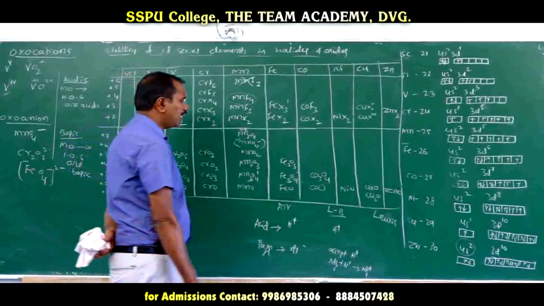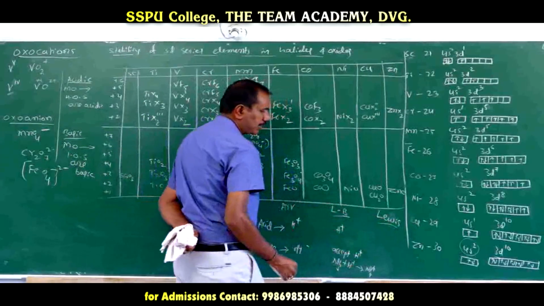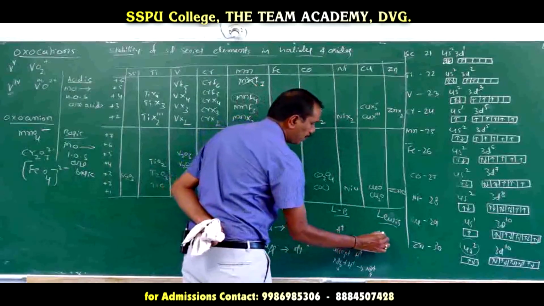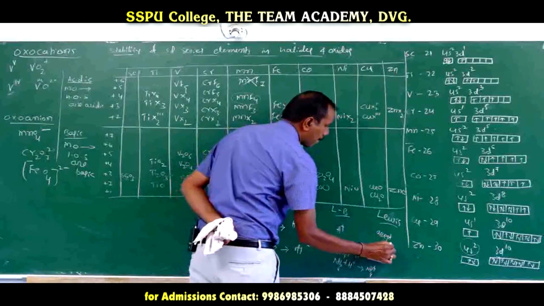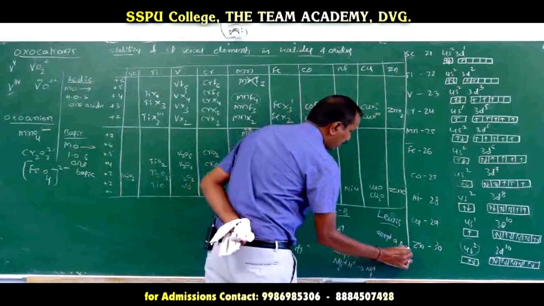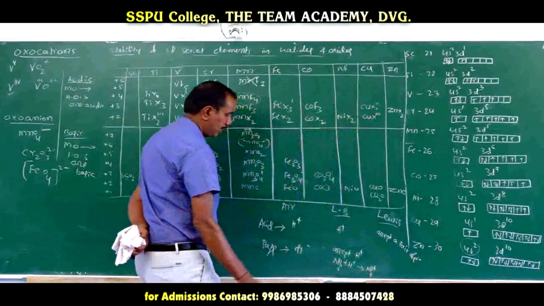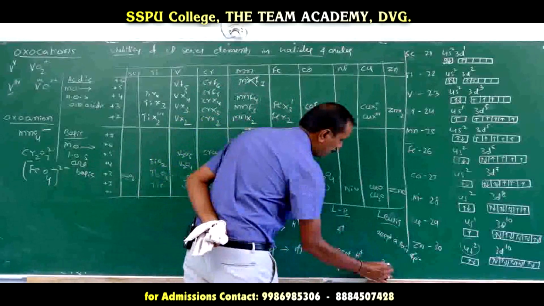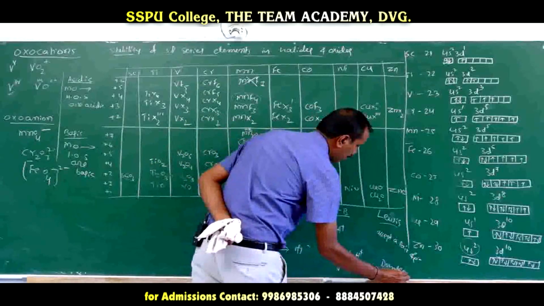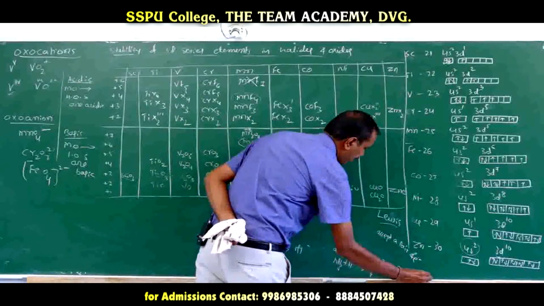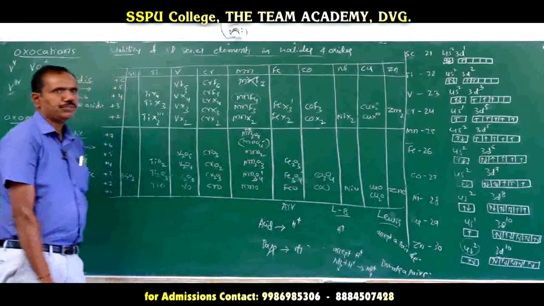According to Lewis, an acid is one which accepts a pair of electrons. One which donates a pair of electrons is called a base.